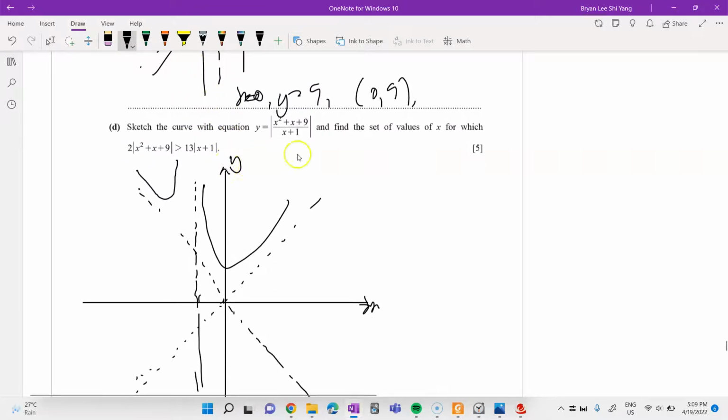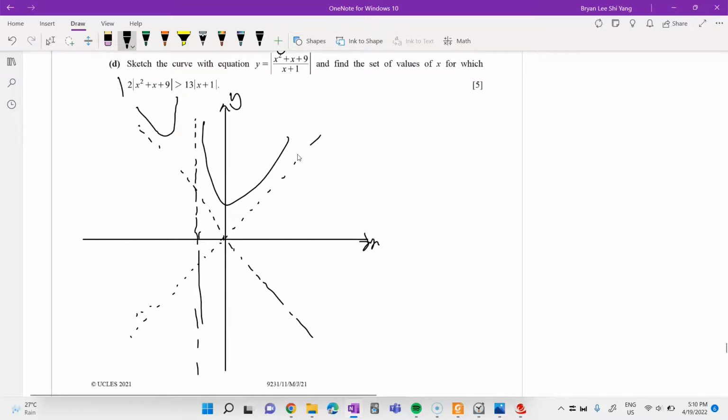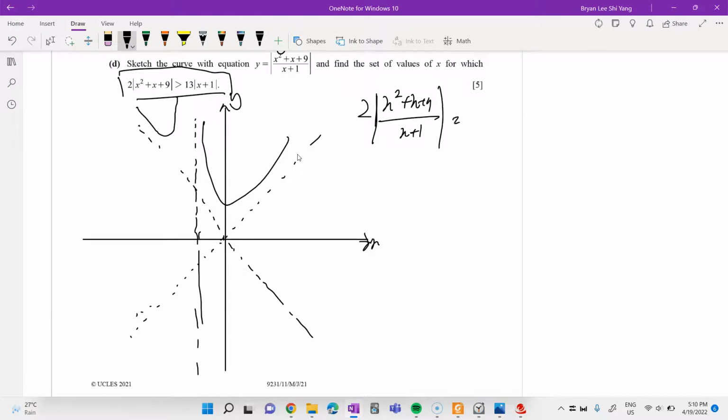And find the set of values of x for which this whole thing. Okay, so for this part, I can do a bit of shifting here and there. I could say that 2 times the absolute value of x squared plus x plus 9 over x plus 1 would be larger than 13. Then I could say the absolute value of x squared plus x plus 9 over x plus 1 is larger than 13 over 2.